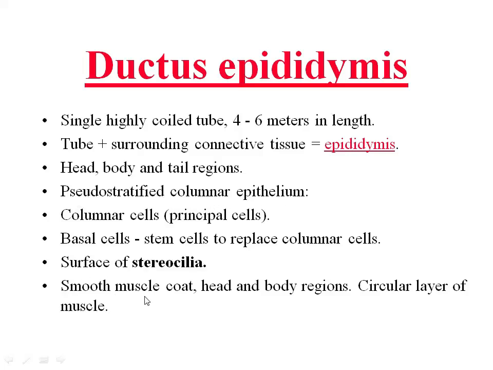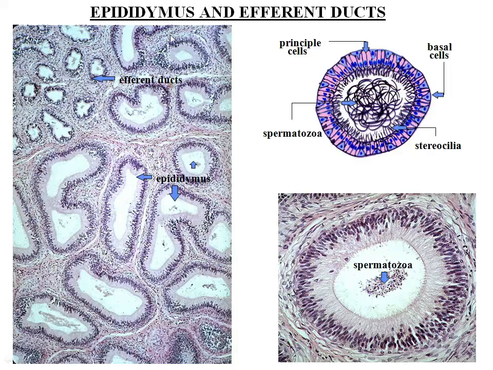After the epithelial layer, you will find a smooth muscle coat in the head and body region, and circular layers of muscle at the caudal portion. Now here are photographs of the epididymis and the efferent duct. Carefully try to identify the different tubules: this is an efferent duct and these are the epididymis.